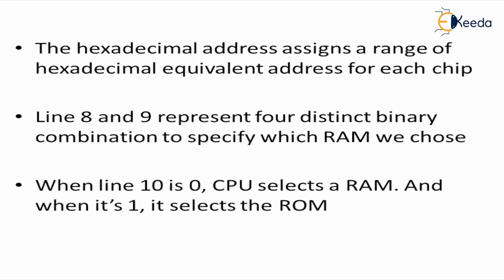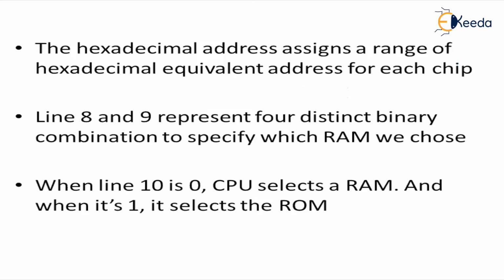Now, what we have seen is that the hexadecimal address assigns a range of equivalent hexadecimal addresses to each chip. Lines 9 and 8 represent 4 distinct binary combinations. Why binary combinations?